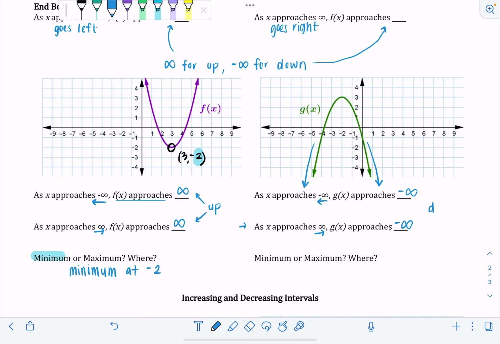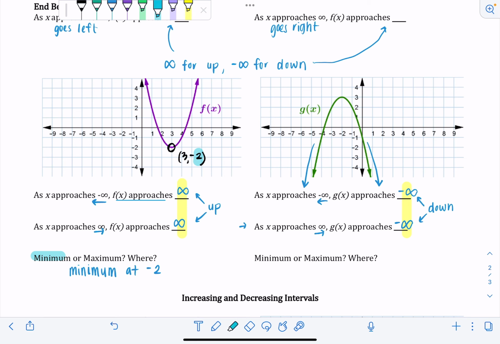So remember, negative infinity means down. And you'll notice that both end behaviors ended up with the same answer. So it's either up and up or down and down. That's always the case for quadratics because they're that U shape, so they'll always finish going in the same direction, but that'll change depending on the different types of functions that we're studying.